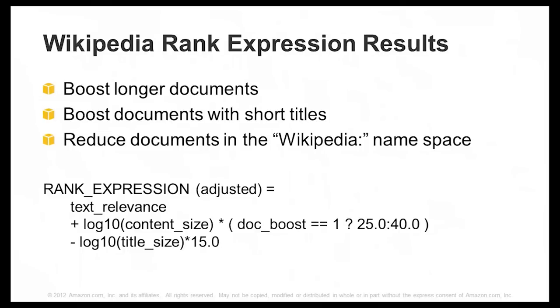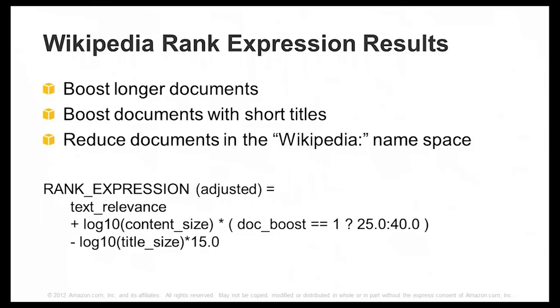And also documents with shorter titles. We discovered that once you had longer and longer titles, those documents tend to be about more niche areas rather than broader areas. So for example, a query over Olympics, the smaller title of Olympics will be better than Olympics of 2010 swimming team from Australia, for example.